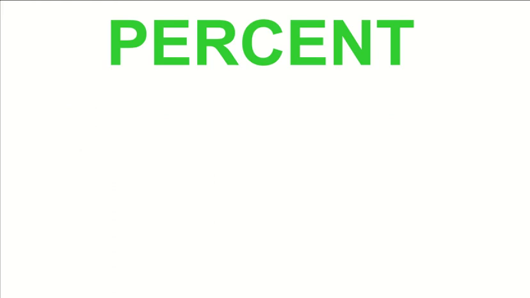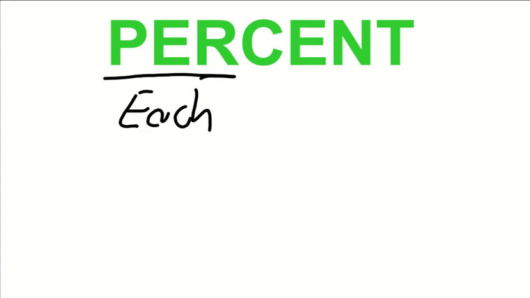So to start off, this isn't in the book, but you have a percent. If you ever see the word per, it could mean each, every, one, right? So that's per. Cent. What number goes with cent? 100.